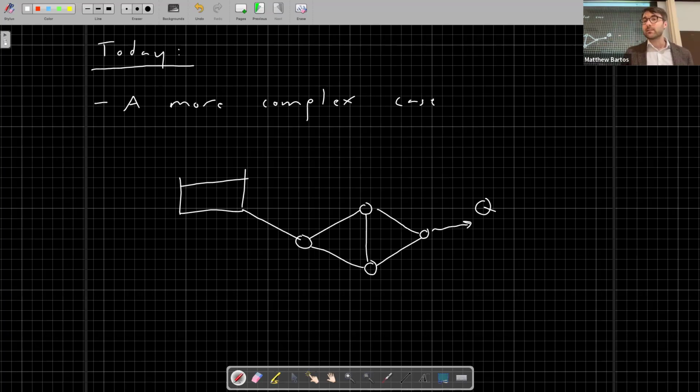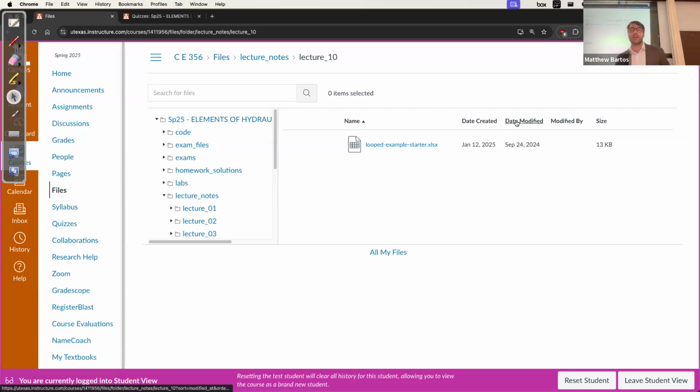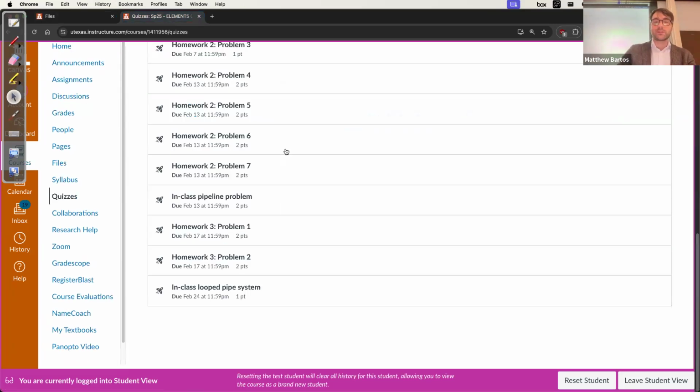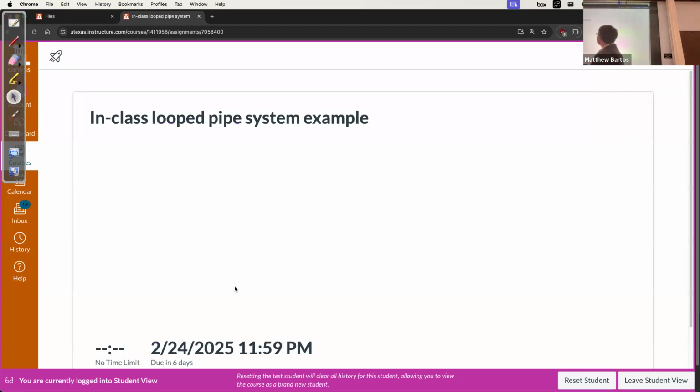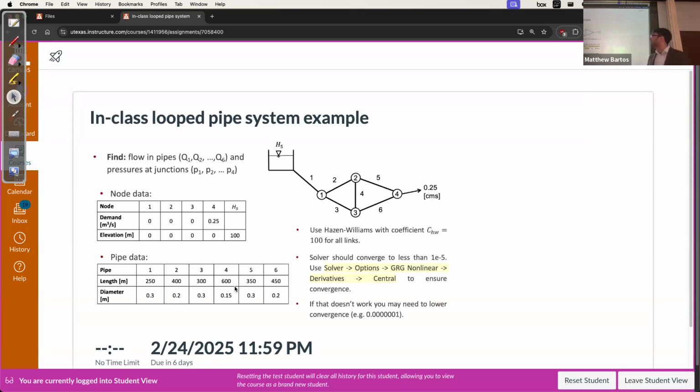So with that said, go ahead and go to Canvas and under quizzes, there's a problem listed as in-class looped pipe system. And this is the description of the problem. So we have a looped pipe system consisting of 6 different conduits and 4 different junctions with 1 reservoir.